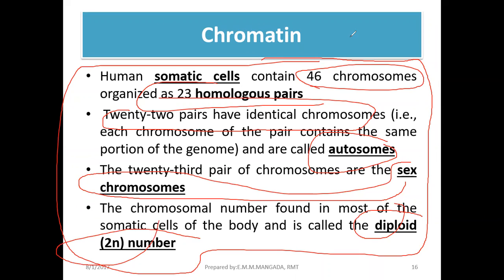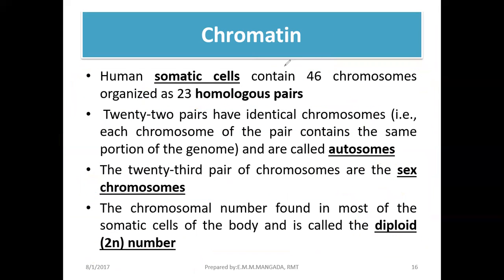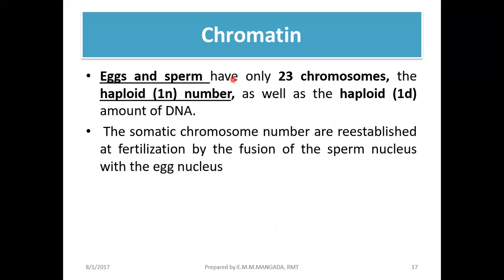So guys, you will know more of this cytogenetics when you'll be discussing your cell cycle, meiosis, mitosis. Okay? So per egg cell and sperm, they have only 23 chromosomes. Tama ba? Okay, so haploid.